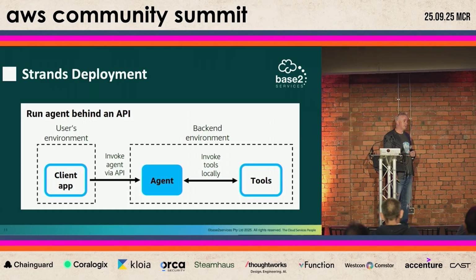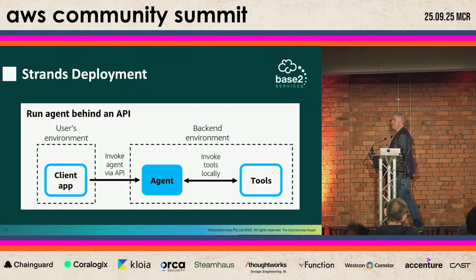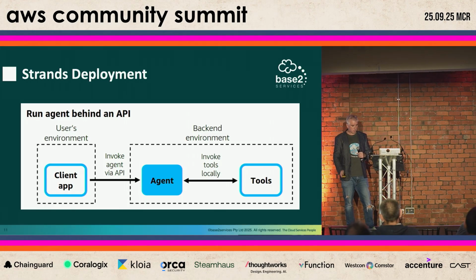We'll see what that looks like with Strands, where the tools are just additional methods in the agent code that it has access to. That's a very common model people are using.